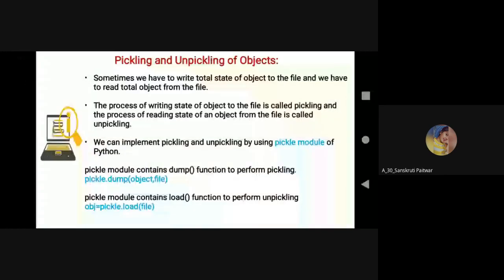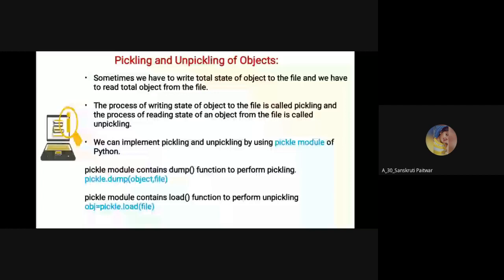When you declare any class, whatever instance variables are there in that class will be considered as the state of the object. The variables or parameters in a constructor will be instance variables. So the state of an object means the instance variables of that object.